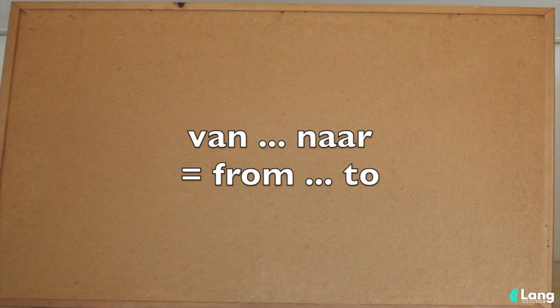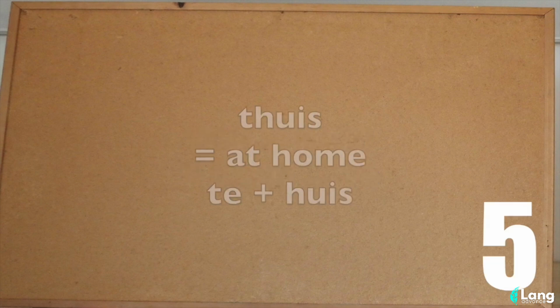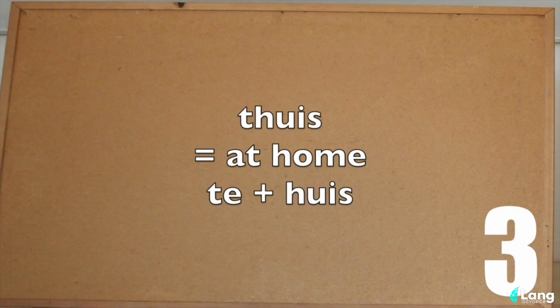Van, naar, that's from, to. Thuis, that's at home. It's a combination of te and huis, and then it becomes at home. Te is not used normally for this purpose anymore, only older persons use that.